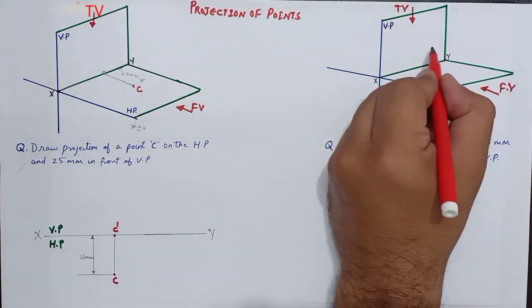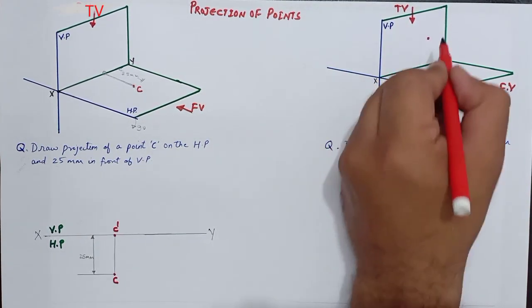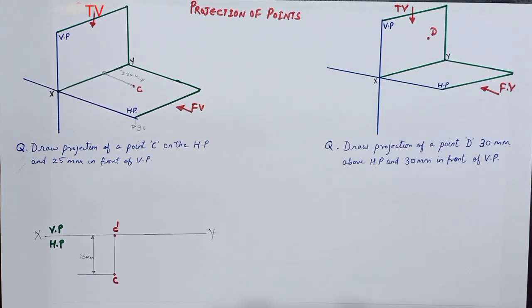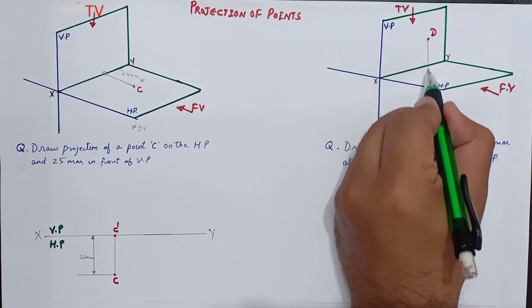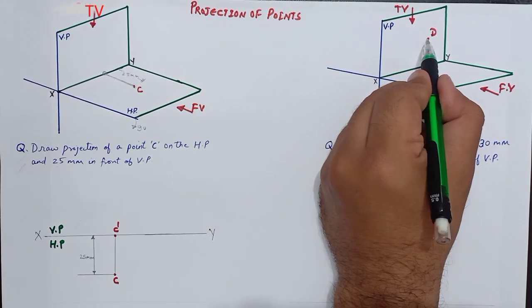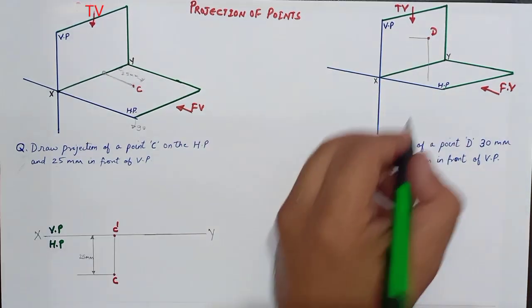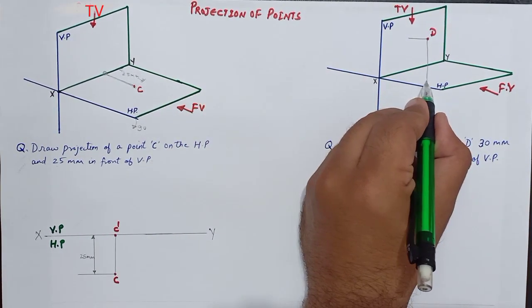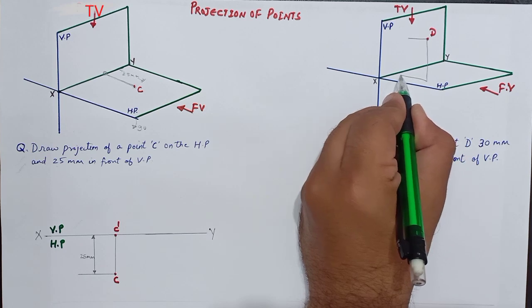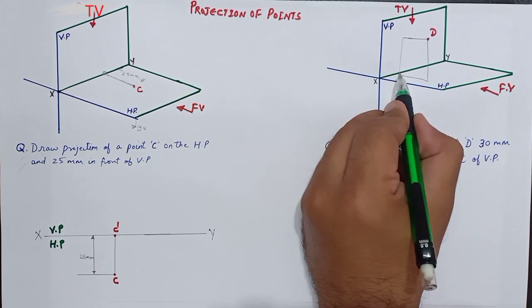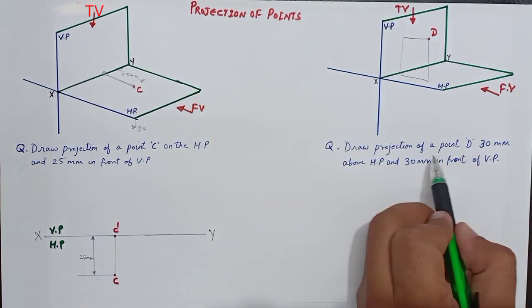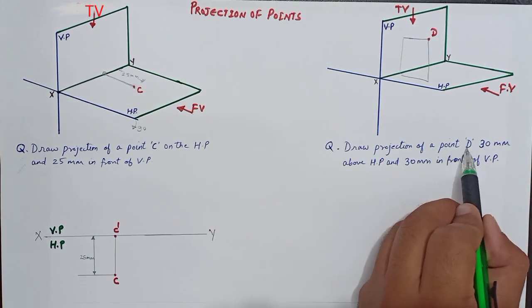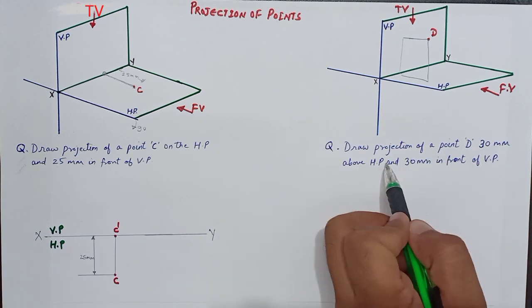Let us place a point D. Then on extending point D on horizontal line and vertical line, and if we connect these points, then the distance given in the question is D 30 mm above HP.